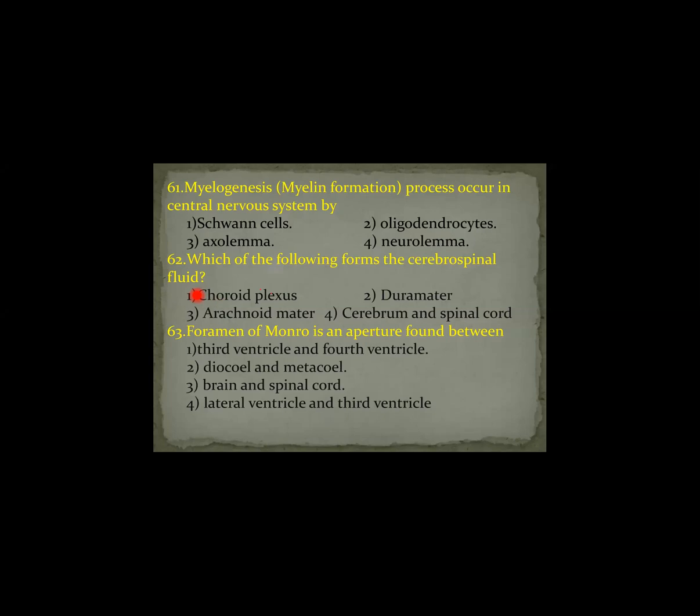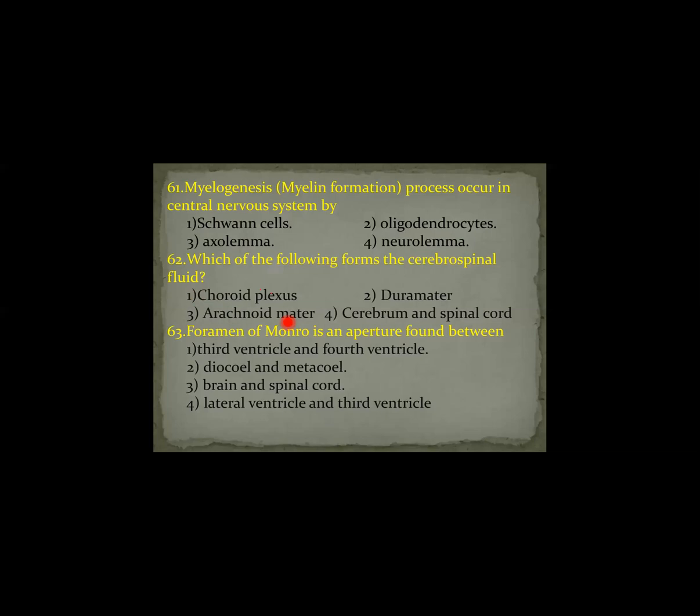Next, foramen of Monro is an aperture found between which structures? Foramen of Monro is an opening found between. There are four ventricles. First two ventricles are called lateral ventricles, the third ventricle is called diocoel, and the fourth ventricle is called metacoel.